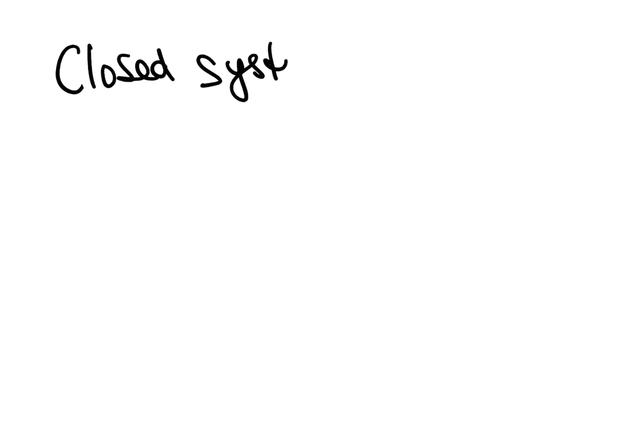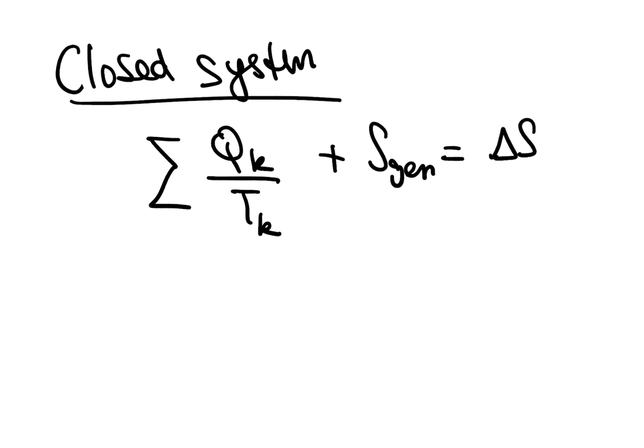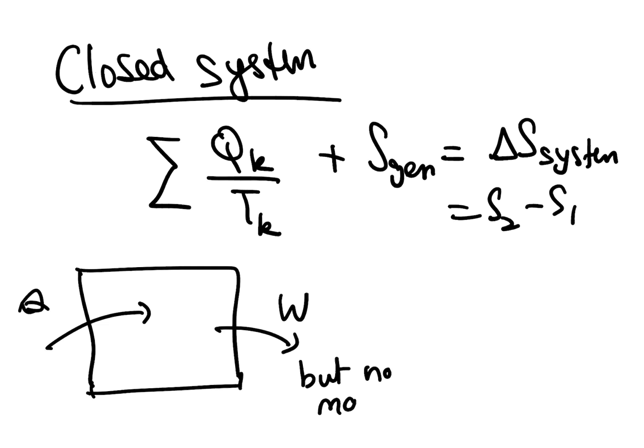For a closed system, we'll simply write summation of Qk divided by Tk plus Sgen equals delta S system, which is S2 minus S1. By closed system, we mean a system across which you can transfer heat or you can transfer work but no mass.